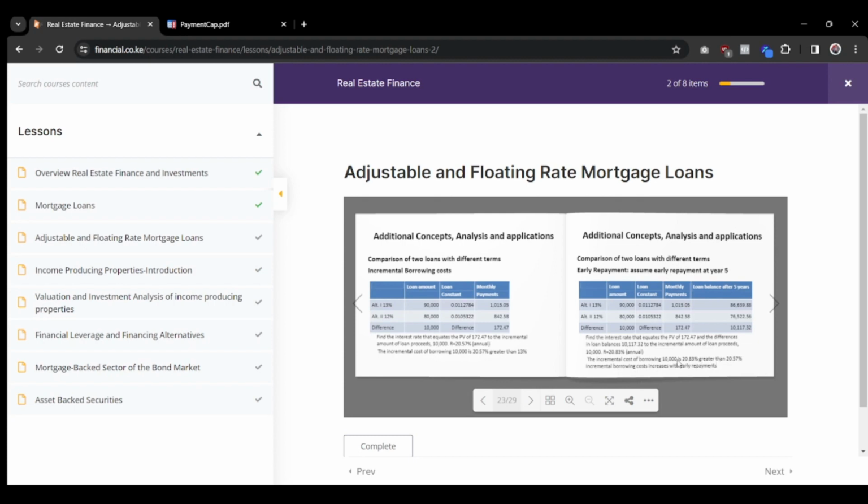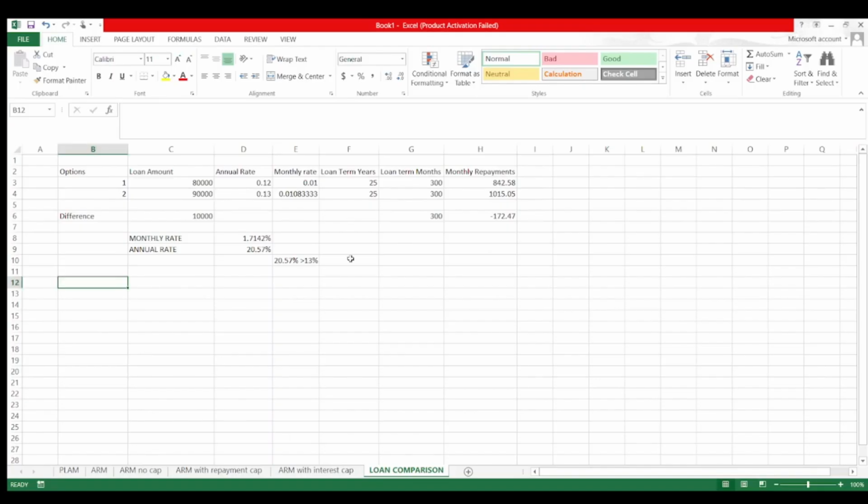So to do this, let's proceed again to Excel and calculate it. For us to figure out the loan balance at the end of the 5 years, we'll require an amortization table. So let's just create one for each loan.